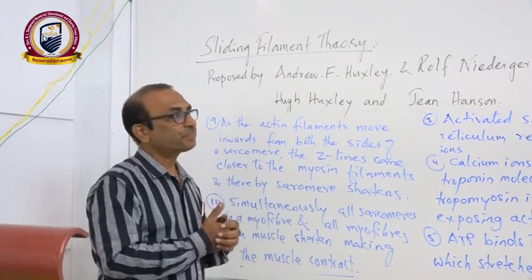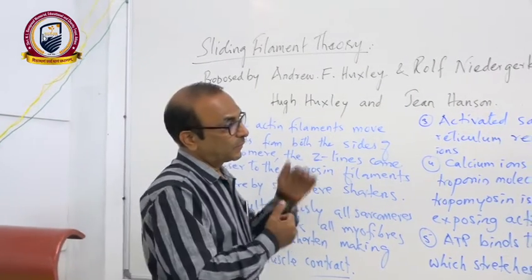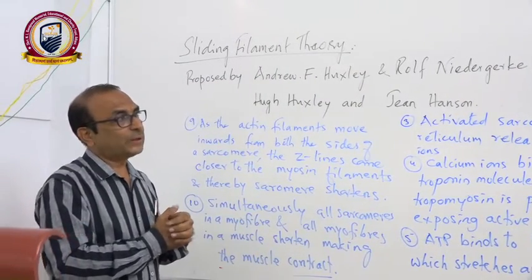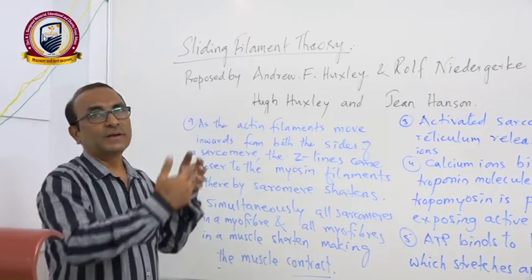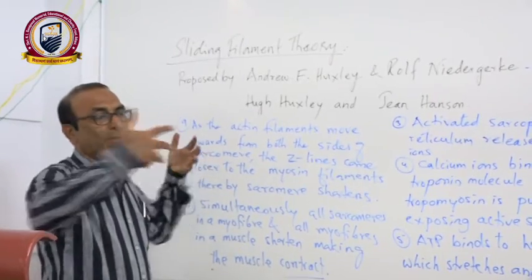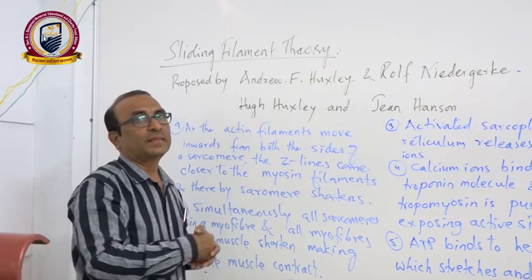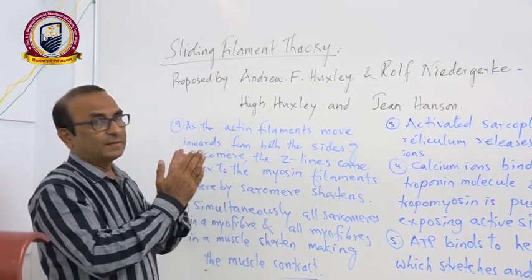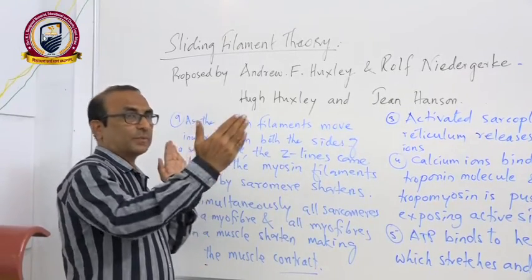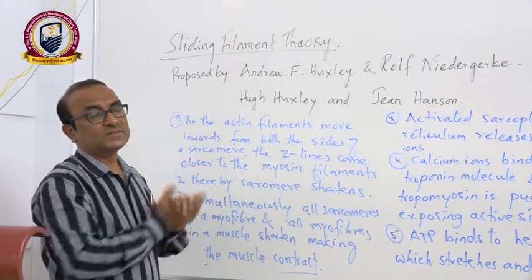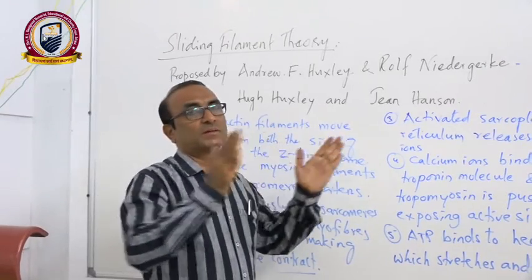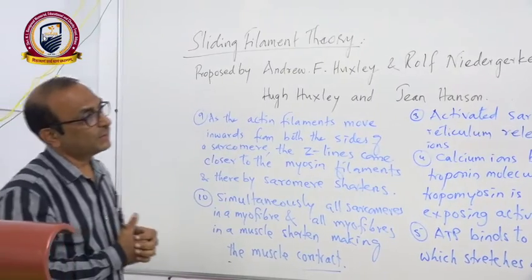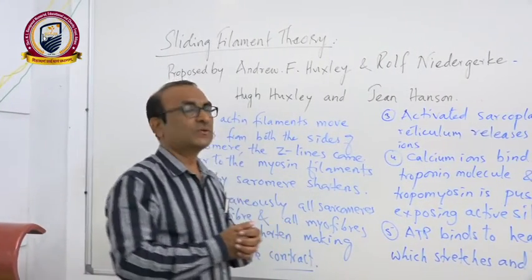When there are no calcium ions, again the tropomyosin comes back to the original position, and the active sites on the actin are blocked, and the actin filaments move back to the original position. So the actin filaments move away, and the sarcomeres move back to the normal size, and that's how the muscle becomes relaxed. So this is how the contractions and relaxations in the muscle help us in movement as well as in locomotion.